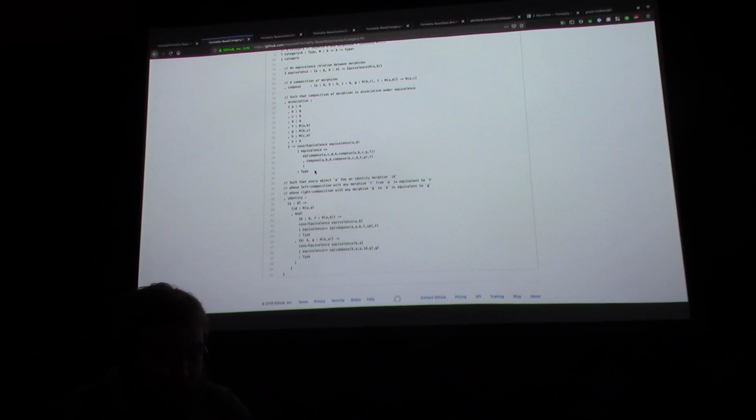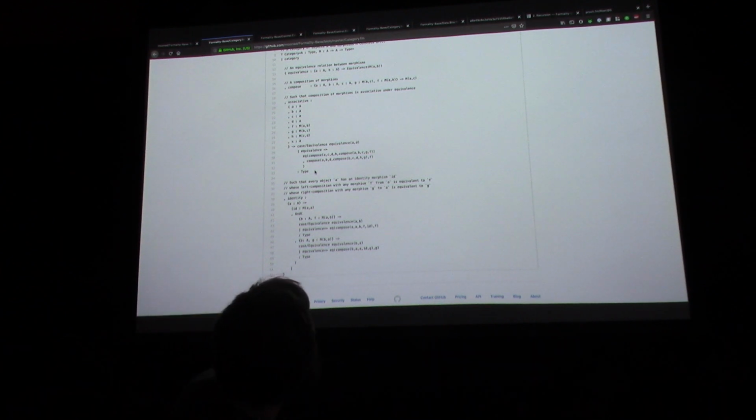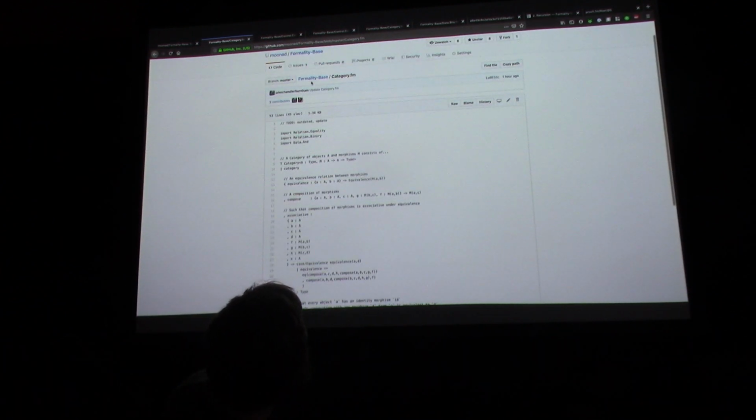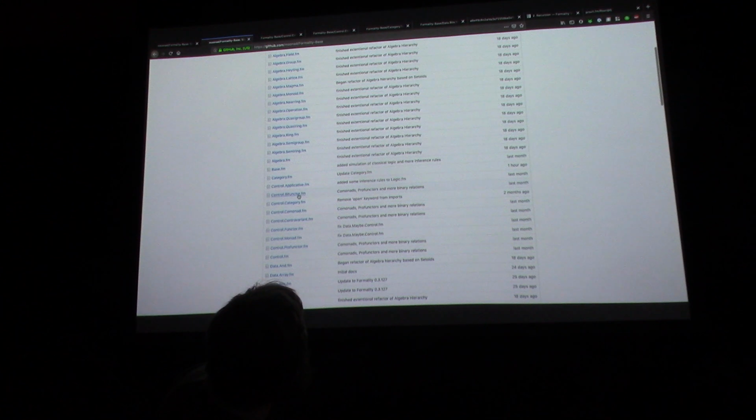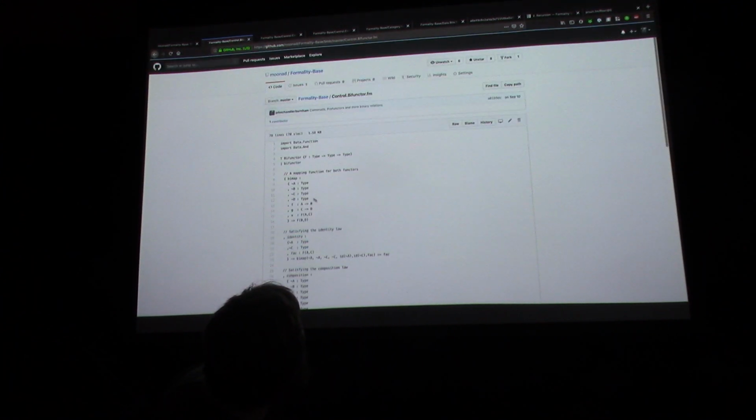Yeah, but I would love to talk about that more and figure out how to do this in a more categorically sensible way. This is just me translating it. What I really want to do is take the whole bunch of categorical libraries that I implemented, like bifunctors.